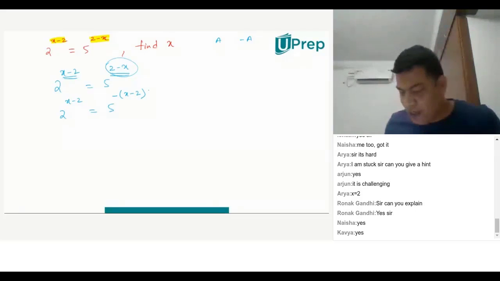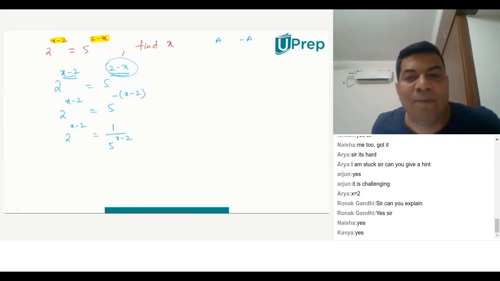Okay, Ronak, yes, wonderful. Now, for me, I can see this as 2 power x minus 2 is equal to 5 power minus apple, which will be 1 by 5 power apple. 5 power minus apple for me is 1 by 5 power apple.